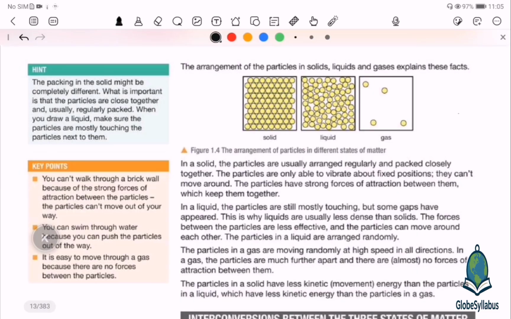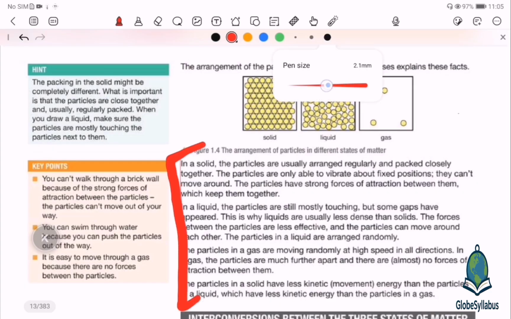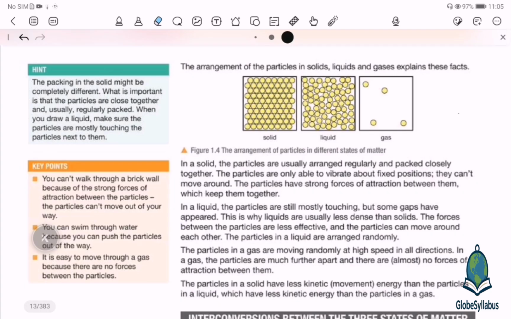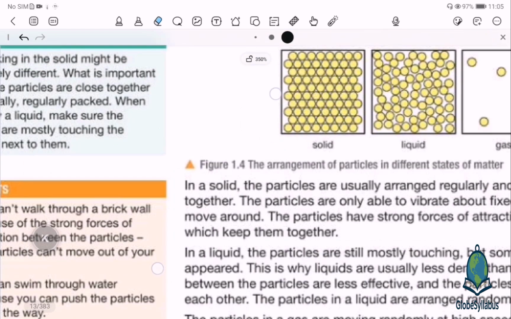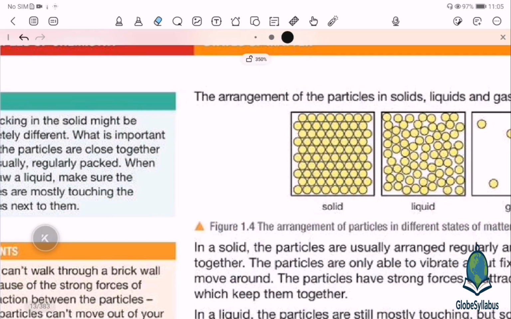Now we have the arrangement of particles. There's really no need to read all these words. You just need to understand the main idea of it. I like to separate it into categories: arrangement, movement, and force of attraction. Sorry, the pen is so thick.